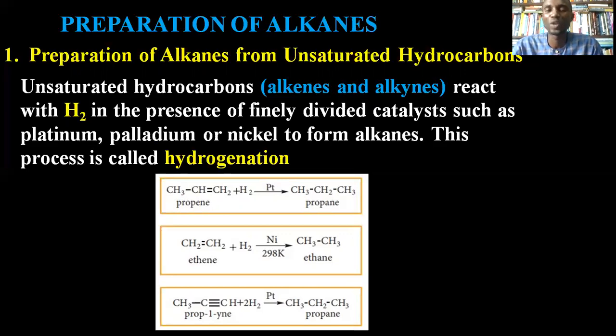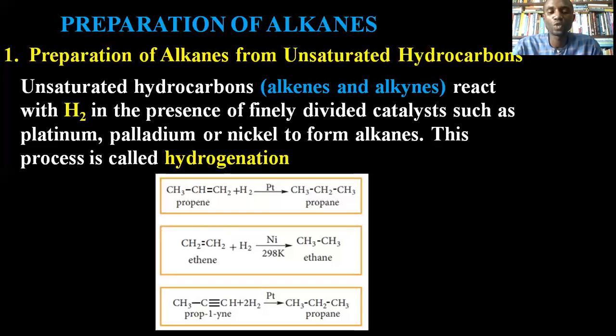We call this hydrogenation, the adding of hydrogen to a double bond in order to give a single bond compound. If you want to prepare propane, use propene as the reactant, which will react with hydrogen. If you want to prepare ethane, use ethene as the reactant, so that hydrogen will attack it.